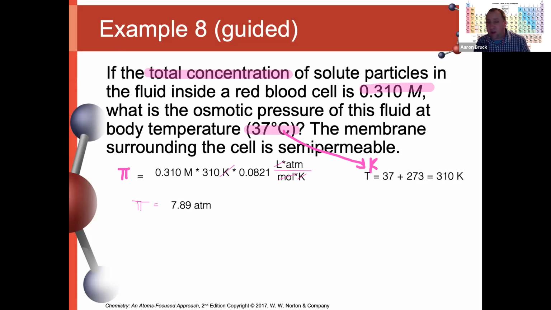Now, just as a matter of context, 7.89 atmospheres is a little bit less than 8 times atmospheric pressure.